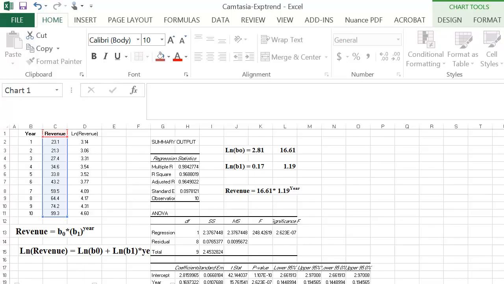So once I have the exponential expression estimated, the coefficients estimated from the time series data that has been given to me, you can use the trend to do your forecasting.